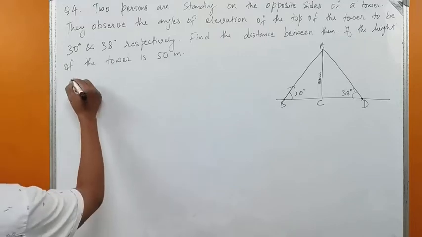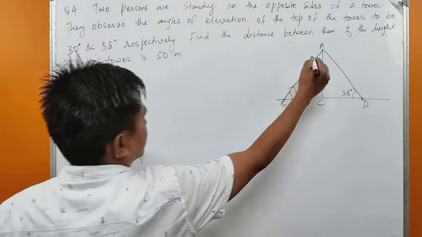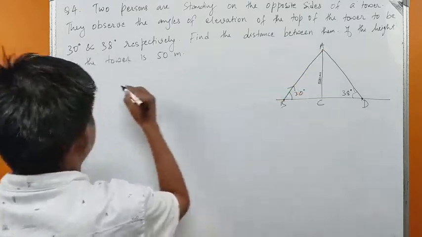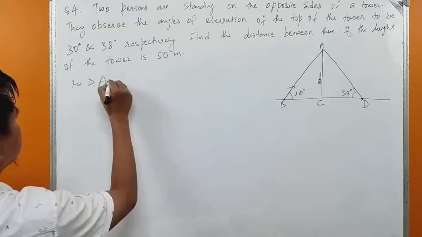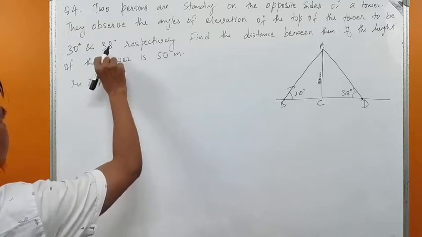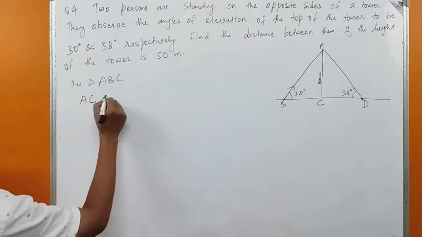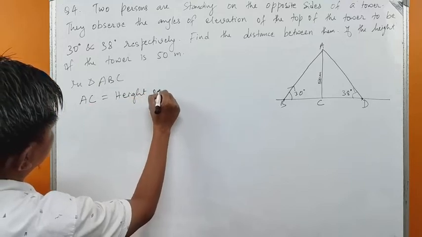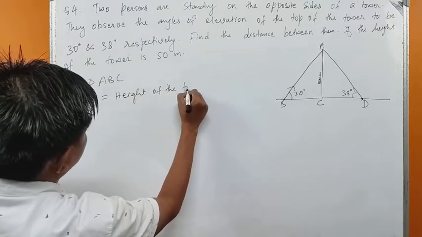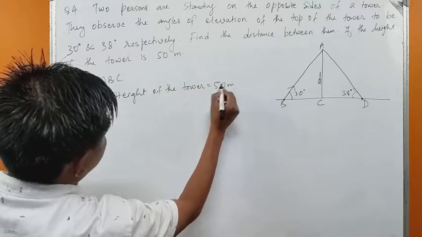So in triangle ABC, AC is the height of the tower, which is equal to 50 meter, isn't it?